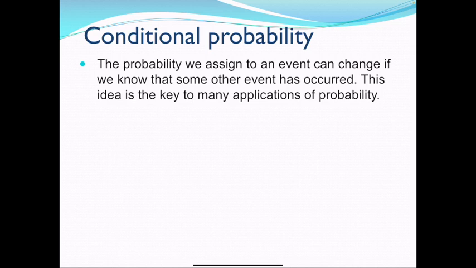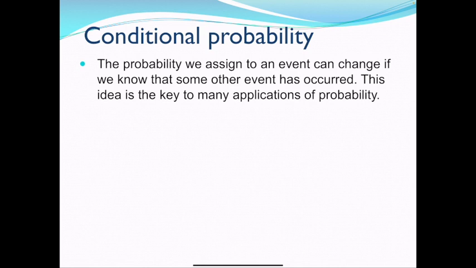Conditional probability is the probability we assign to an event that we can change if we know some other event has occurred. Let me say that again. The probability we assign to an event can change if we know some other event has occurred, right? The probability I'm going to buy icing if I've already bought cake mix is very high, right?